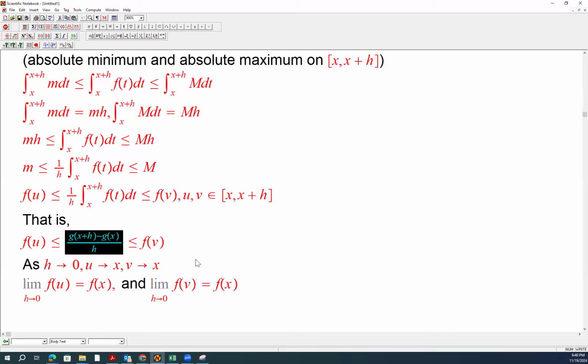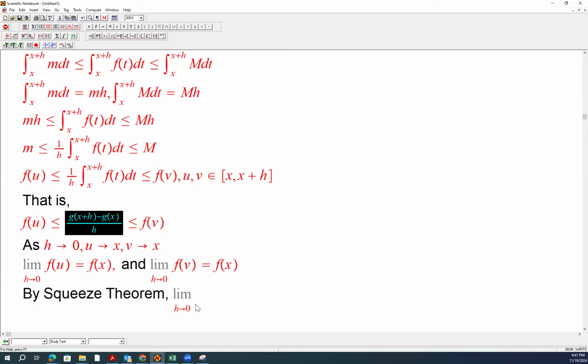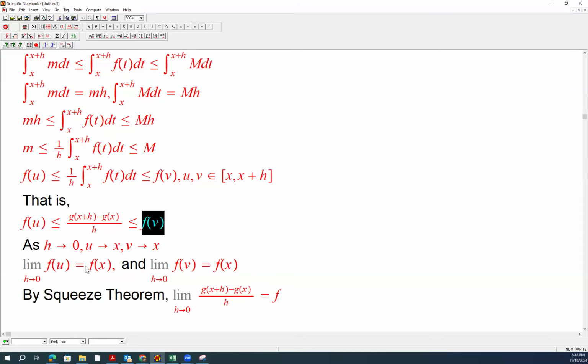By the squeeze theorem, this limit as h approaches 0 will be f of x, because the lower function and the upper one both have the same limit, which is f of x.